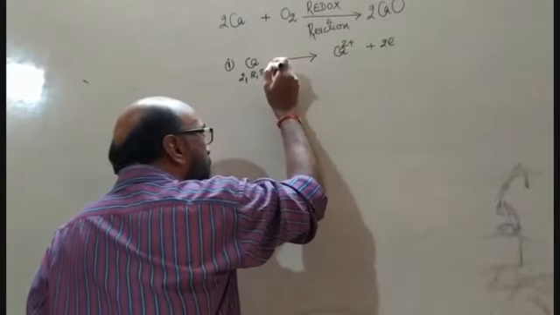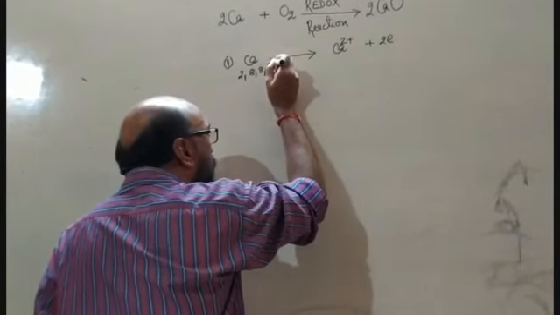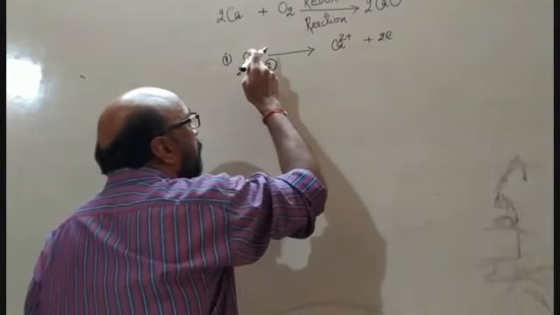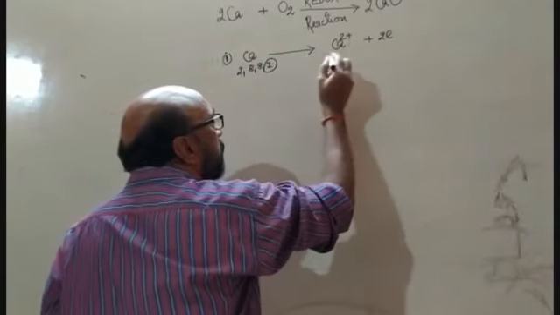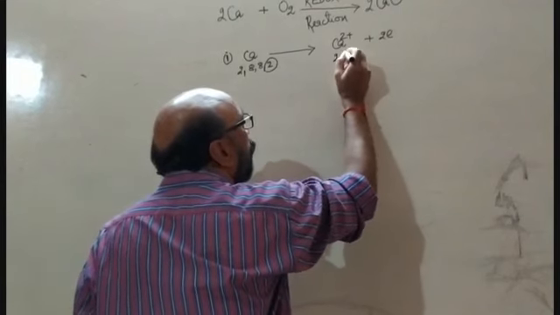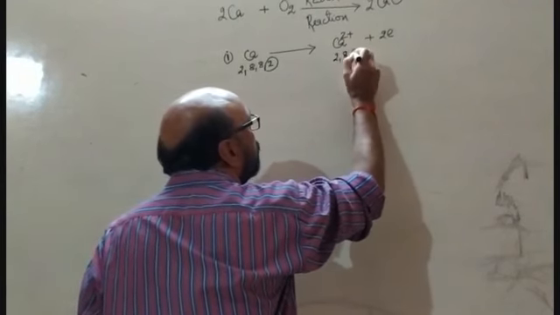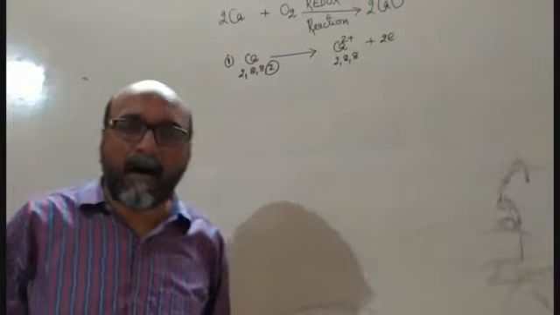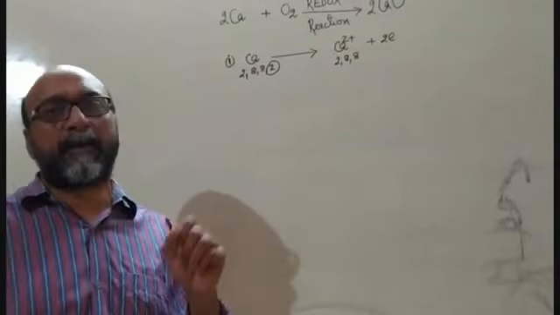And when these 2 electrons are lost by the calcium atom, it acquires the nearest inert gas configuration like argon and becomes stable.